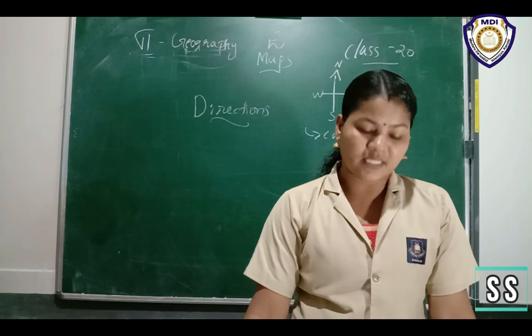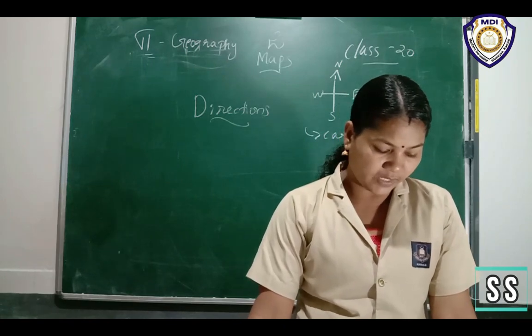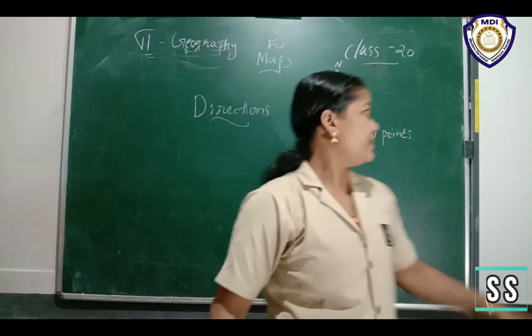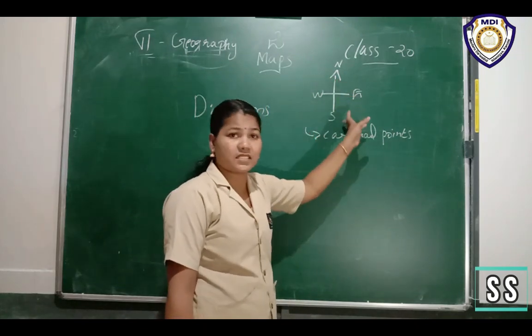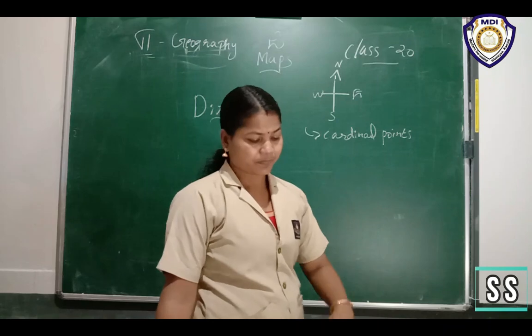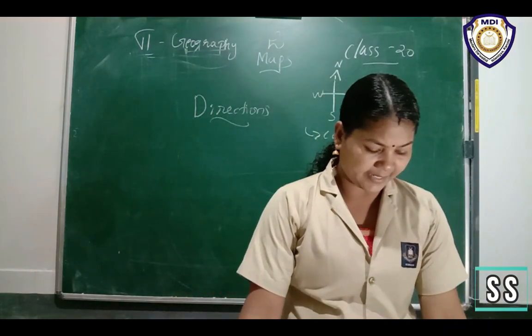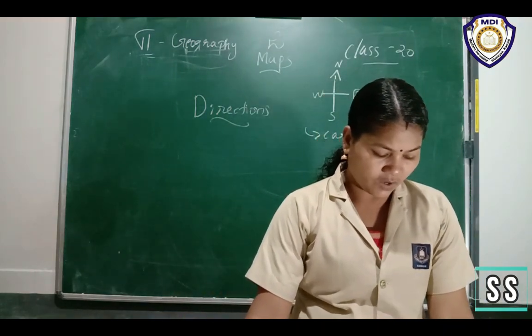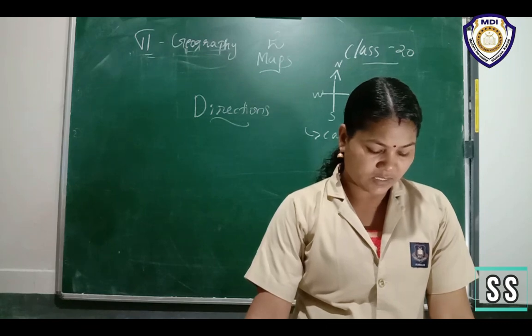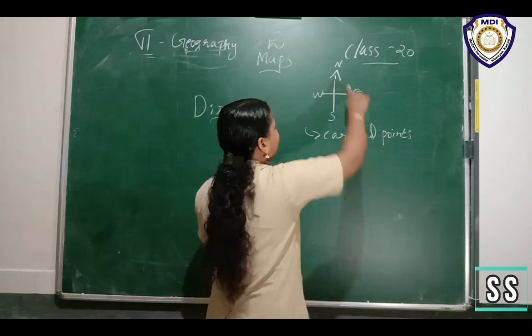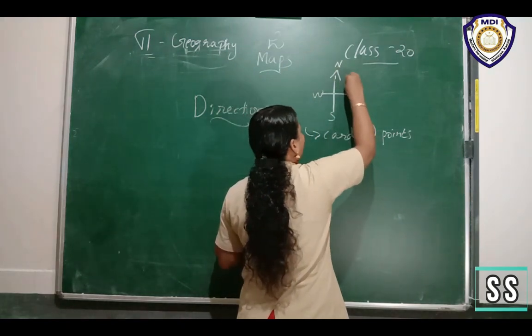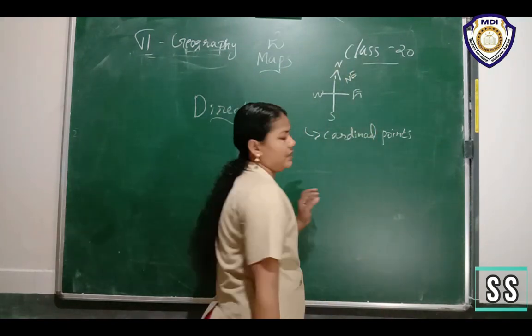Other than the 4 major directions, there are 4 intermediate directions. These are northeast, southeast, southwest and northwest. From north to east, we call northeast.